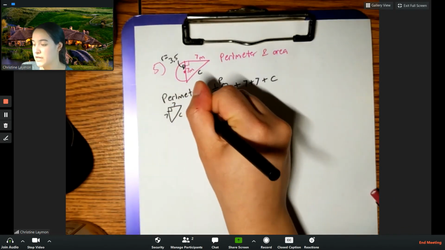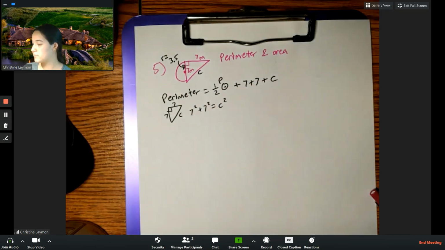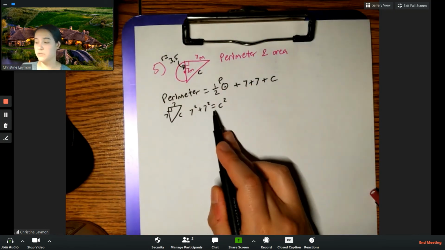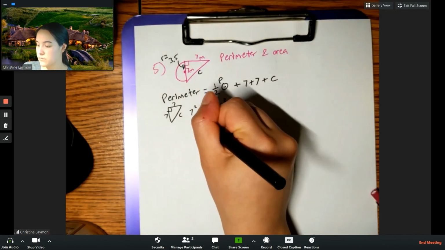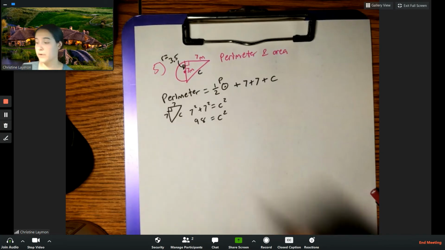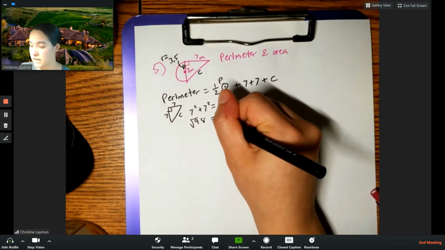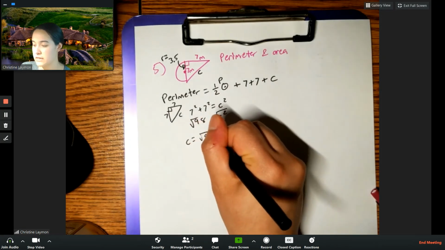So I'm going to have 7 squared plus 7 squared equals c squared. So I have 49 plus 49 equals c squared. I'm going to go ahead and take the square root of both sides. And again, I'm only taking the positive version. So c equals the square root of 98.